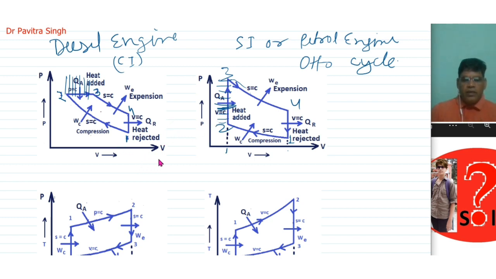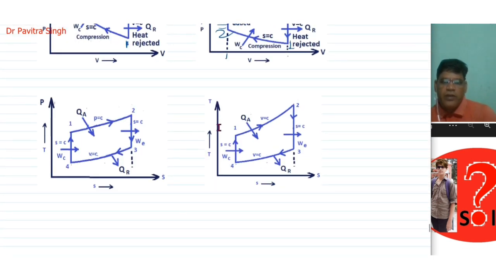So now we will talk about the TS diagram for petrol and diesel engines. Actually this is the TS diagram for the diesel engine, and this is for the petrol engine. So you can see this is process 1 to 2, compression stroke 1 to 2.